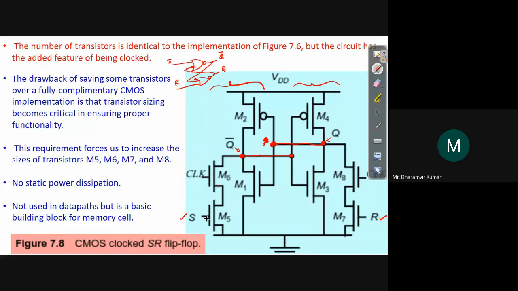So we have S and R, two external inputs here, and the output of the first is connected to the input of the second here, and the output of the second NOR gate is connected to the input of the first NOR gate, like this.